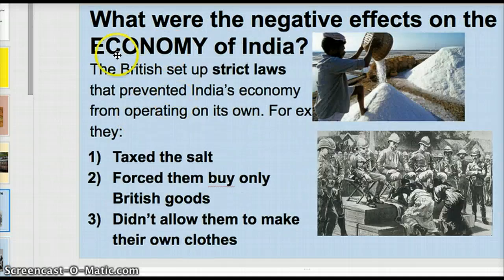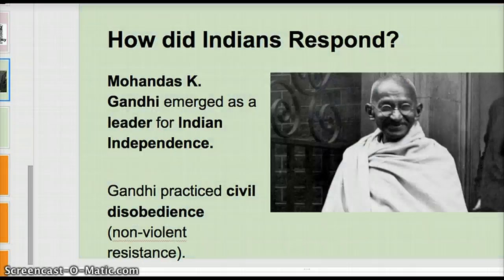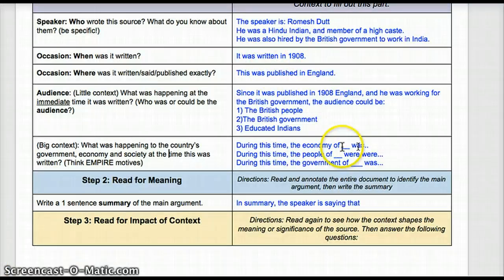I also know that the British really taxed the salt and forced them to only buy British goods. So all these things were things that happened right before this. I also know that the people of India were protesting with Gandhi because they were really upset. So these are all things I could write in context skill card, in the context right here. So during this time, the economy of India was suffering.